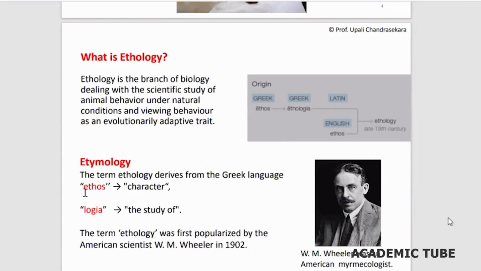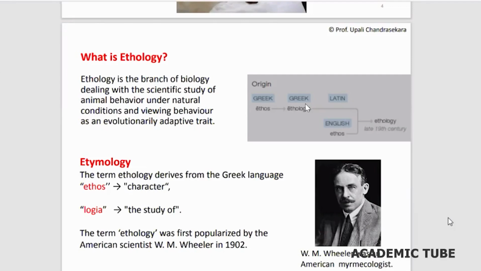Though we use ethology today, a long time ago, according to the Greek language, any behavior was known as ethos. Then logia, ethos logia. Then gradually it converted into ethology in the English language.